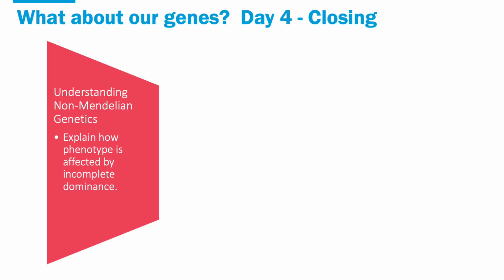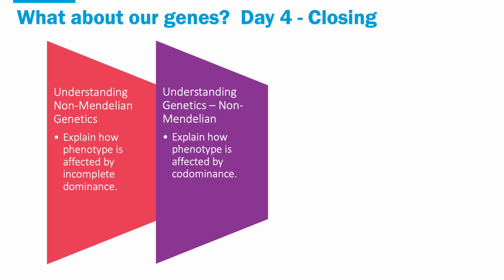So we know that phenotypes can be affected by incomplete dominance. Remember, incomplete dominance is when we have a blend of traits combining together to give us our phenotype. We know that there's codominance that can affect phenotypes. Codominance, like coworkers, they can both be present together at the same time.